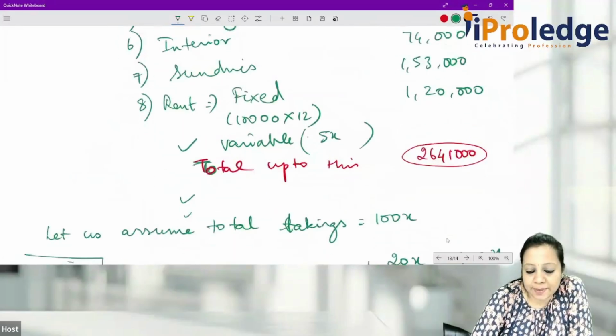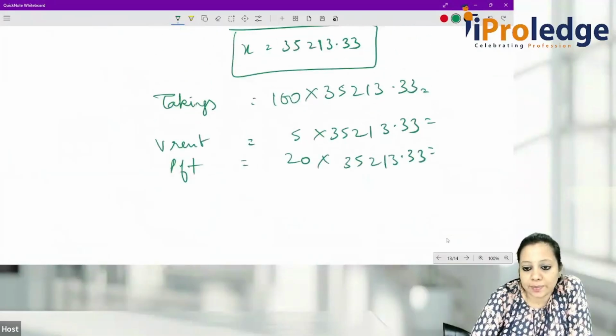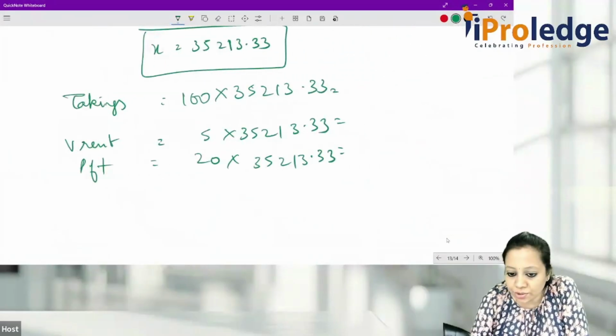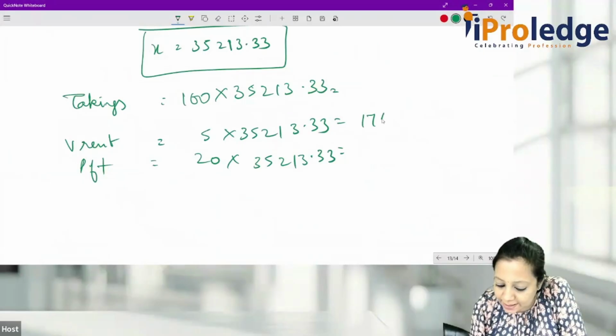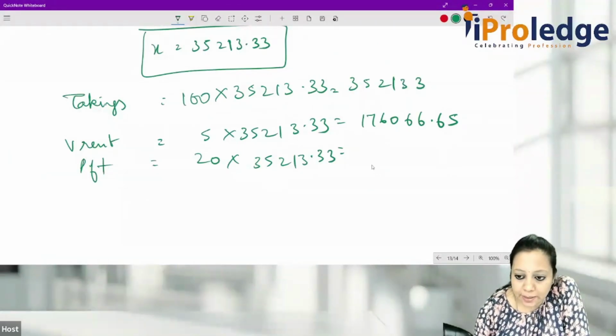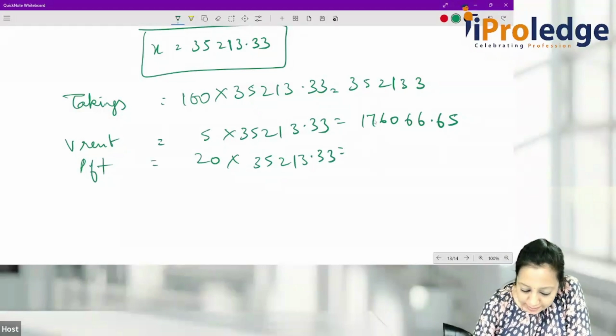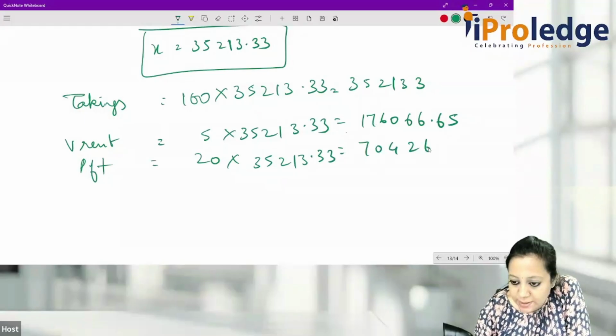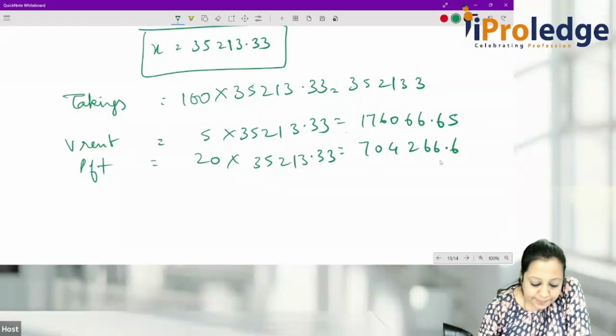So 5x, here I will write and then go there. I just now did into 5 and I got 1,76,066.65. And this is 3,52,133.33 into 20, that is 7,04,266.6.